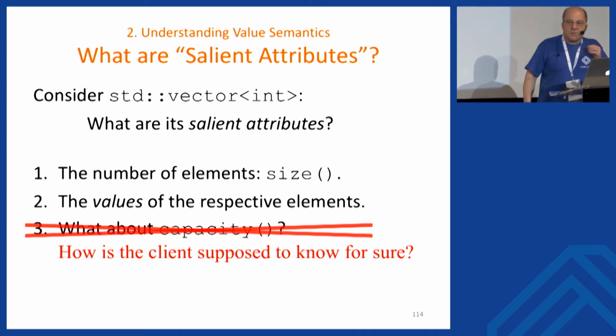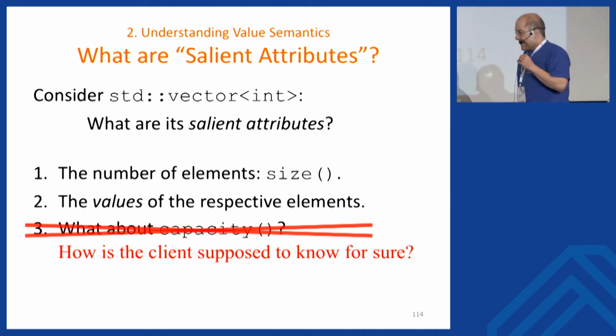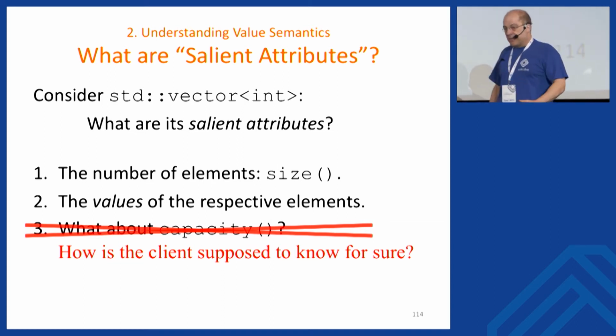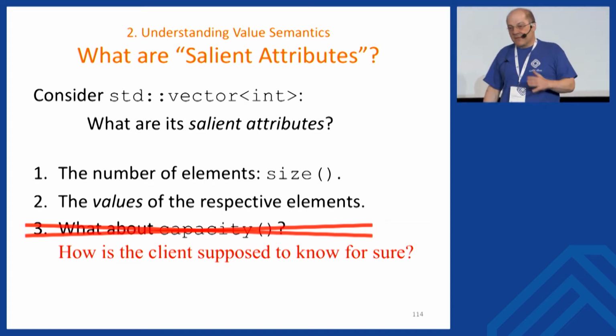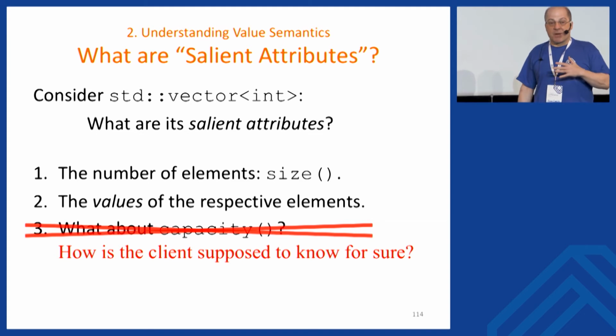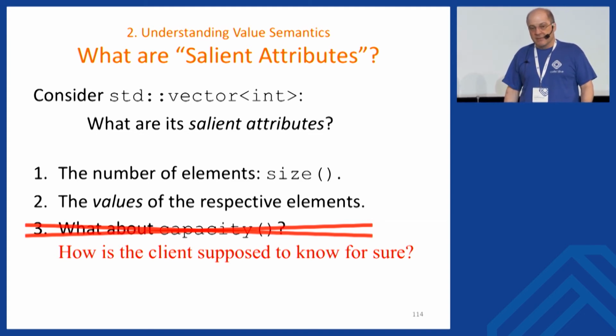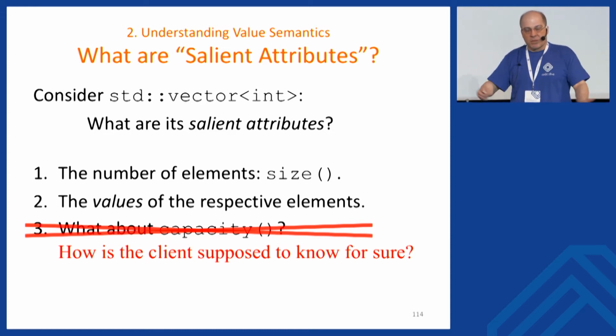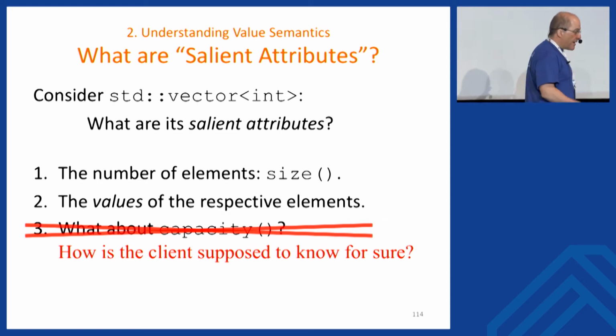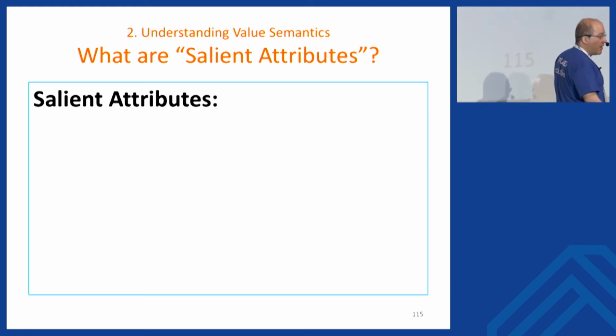Okay, so I'm going to repeat what was said. In the standard, you can compare two vectors, and they can have different capacities, and yet the operator double equals, the way it happens to be implemented, says they still represent the same value. And it's also the only reasonable definition. I'm not arguing, I'm just saying how are we supposed to know?